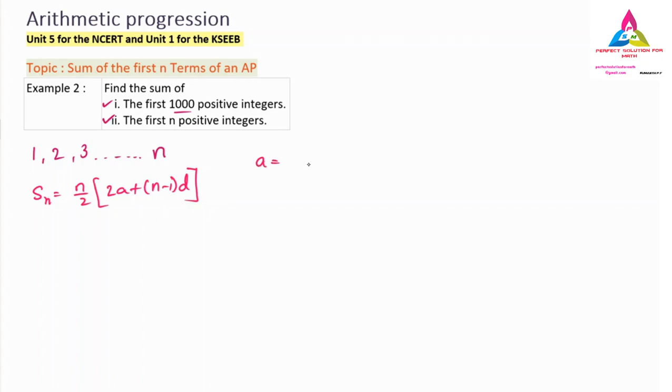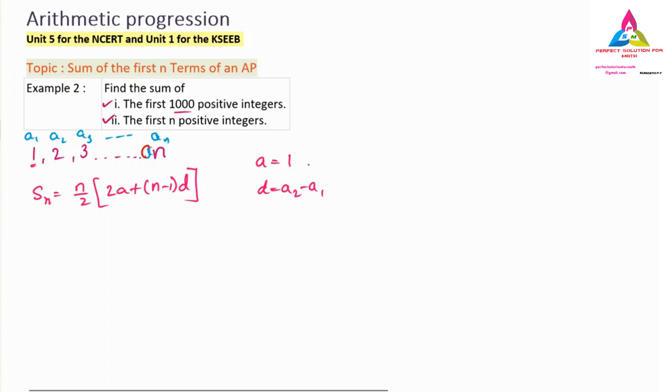How much is the a value here? 1, because the first term is 1. What is the d value? It is nothing but a2 minus a1. This is a1, this is a2, this is a3, and so on. This is the last term, the nth term, which we don't know, so we write it as an. Understood? That is the nth term.